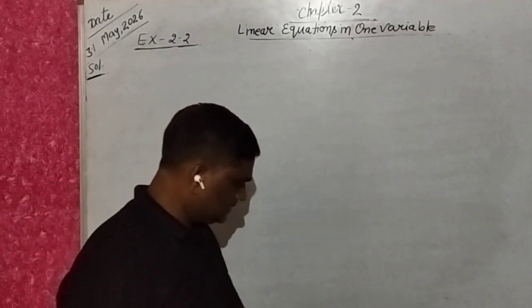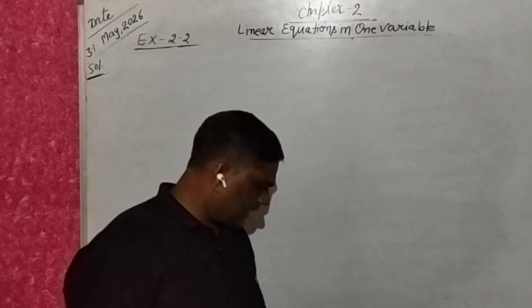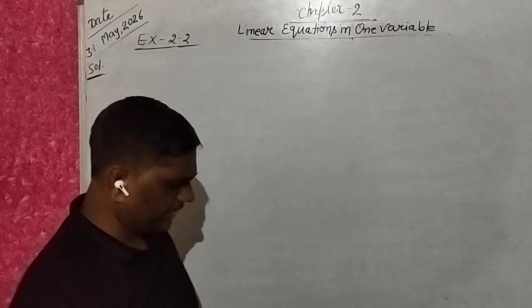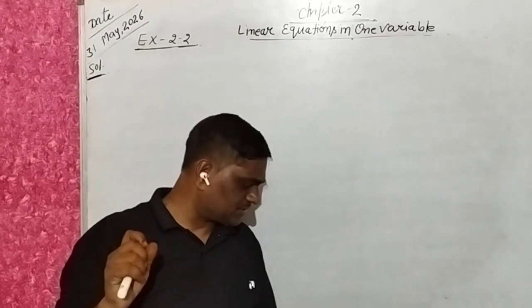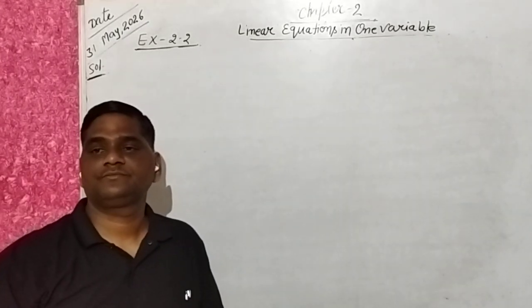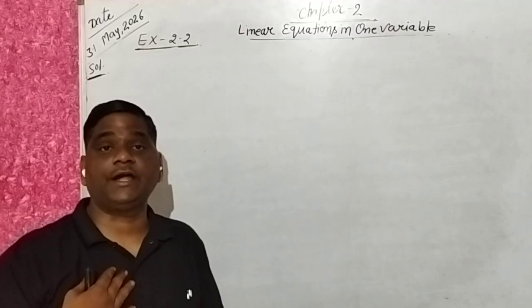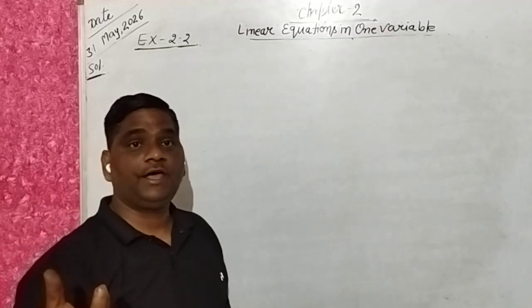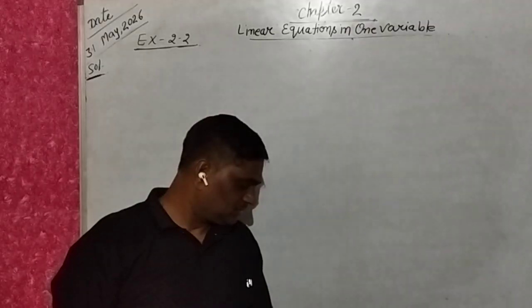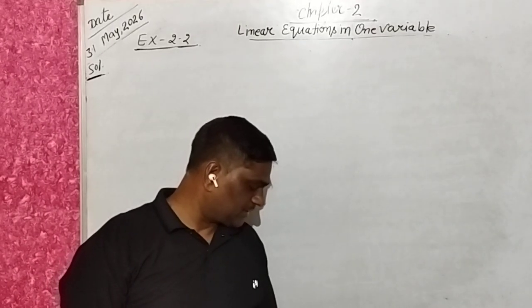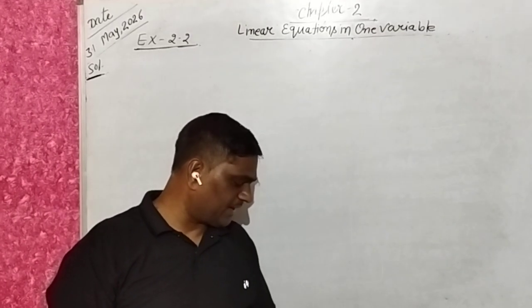Question number 15. I have a total of 300 rupees in coins. The denominations are 1 rupee, 2 rupees and 5 rupees.